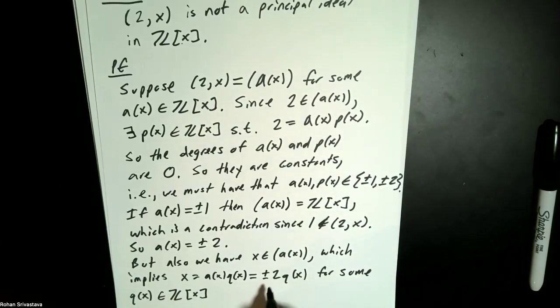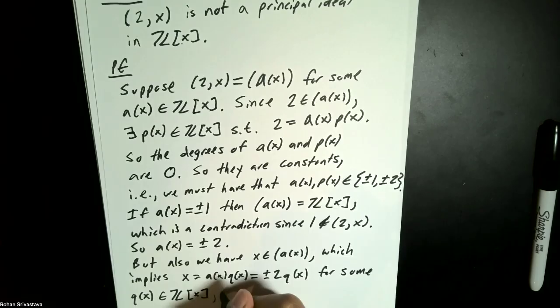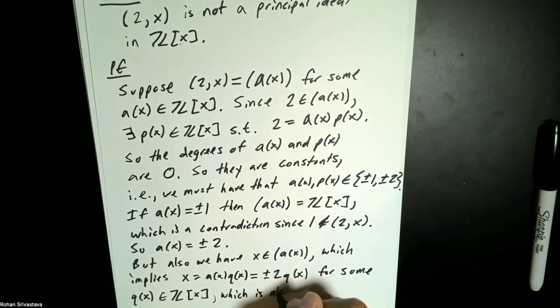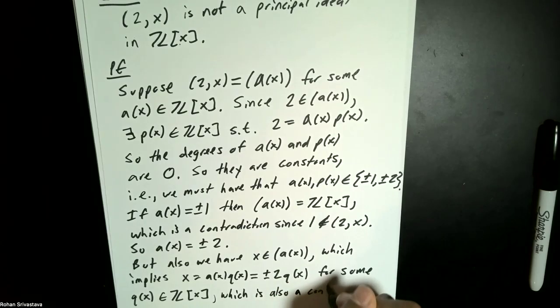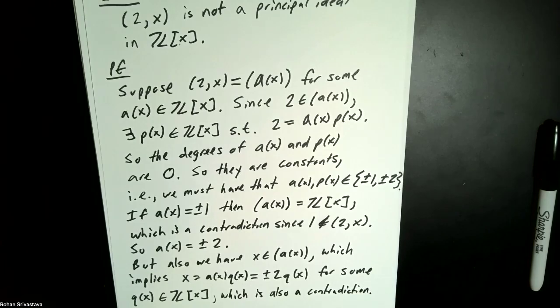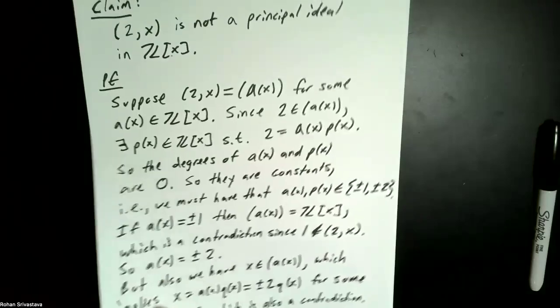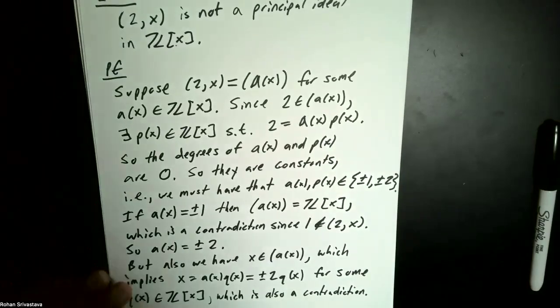We can't have X as plus or minus 2 times some polynomial with integer coefficients. So this is also a contradiction. Okay. Again, that's sort of an aside from the main thing, but it does fully justify that problem.